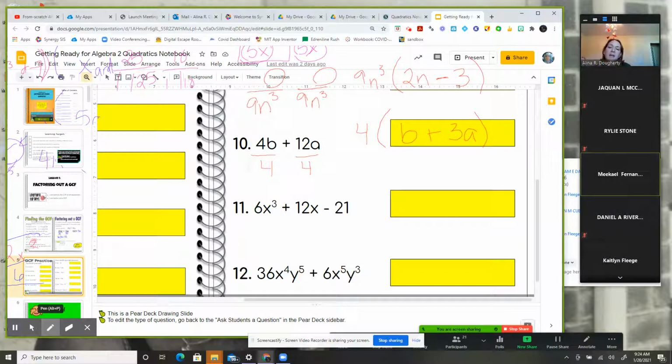So you're going to take these as separate things, and you want to do 4 divided by 4 is 1. So like you could put an invisible coefficient of 1 there. I'm just dividing. And then over here, the 12 divided by 4, I'm just taking that fraction by itself, and 12 divided by 4 is 3. Does that help?